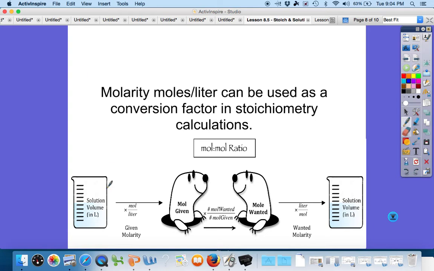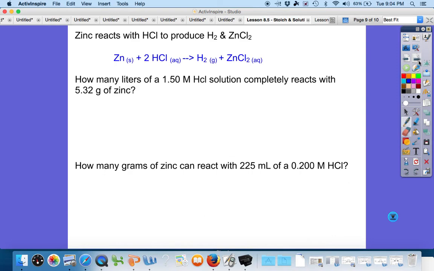If we're given a volume, we can use molarity, moles per liter, to find the moles. Mole to mole ratio, we can find moles of a new compound or ion, and then we can use the molarity to find the volume of that in solution.